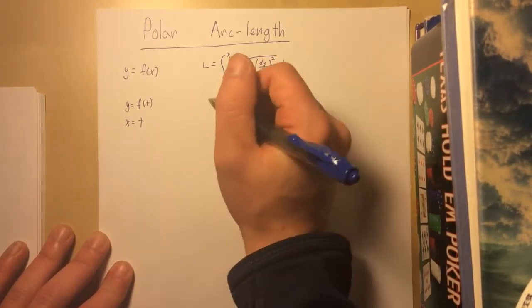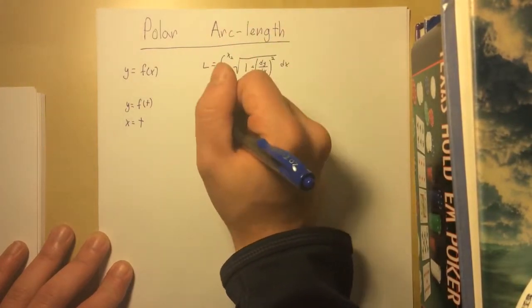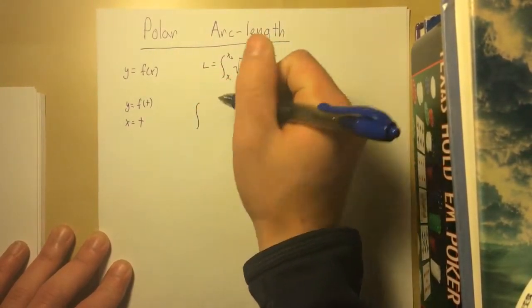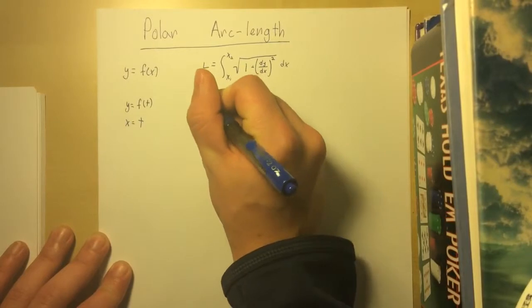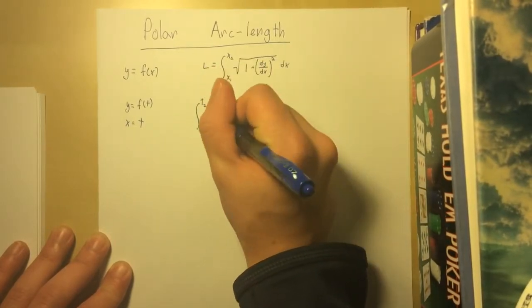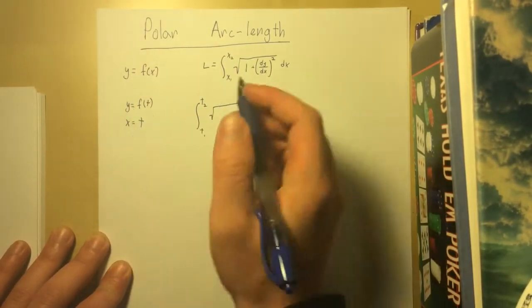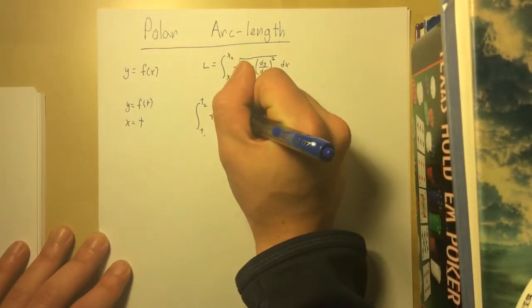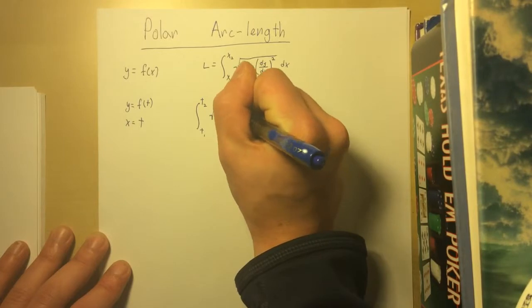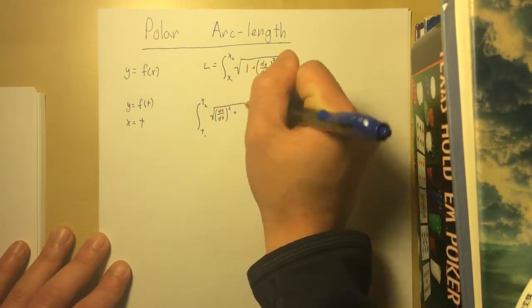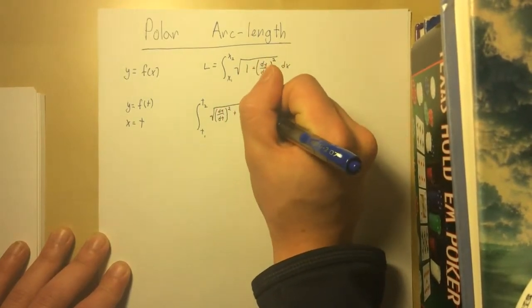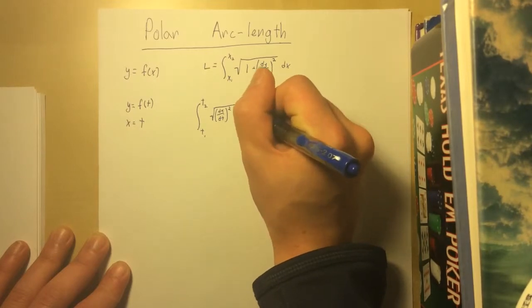Let me write that out first. We're taking the integral from some t1 to t2 of the square root of the derivative of x squared, so dx dt squared, plus dy dt squared.